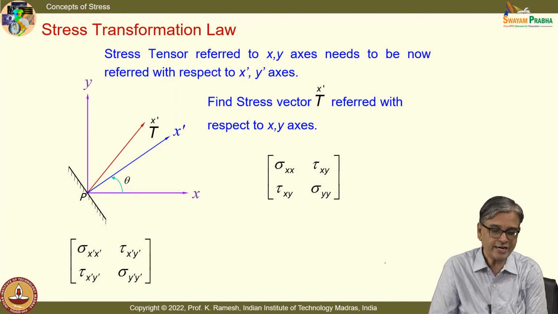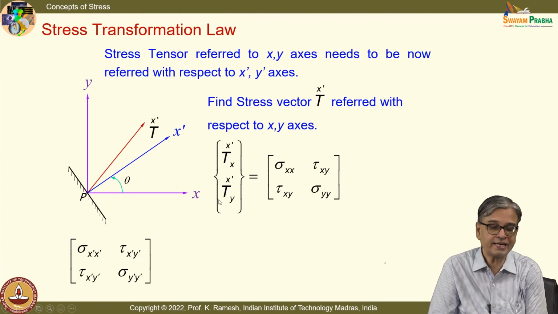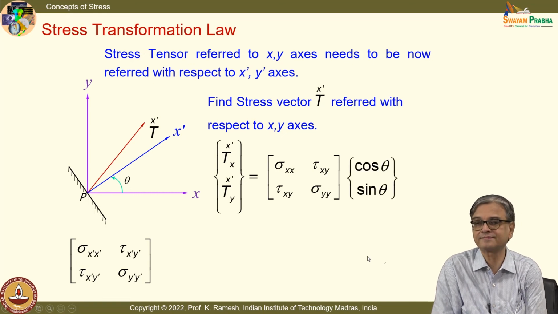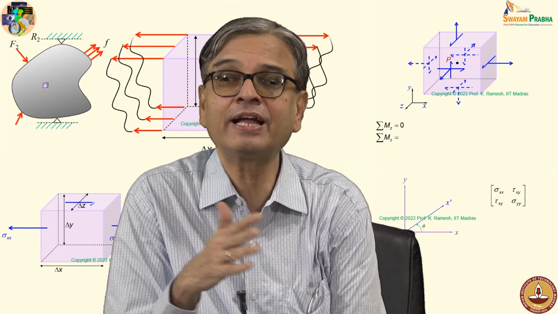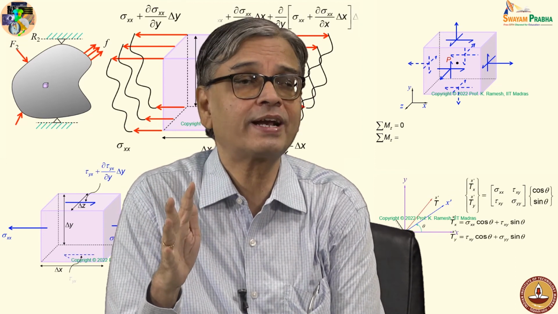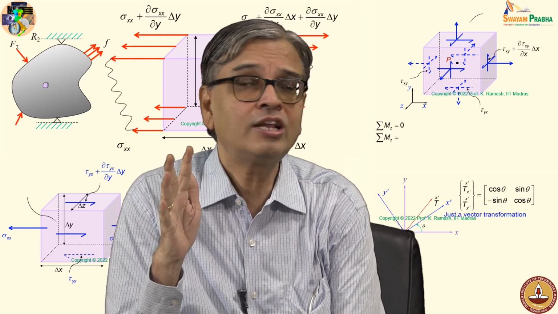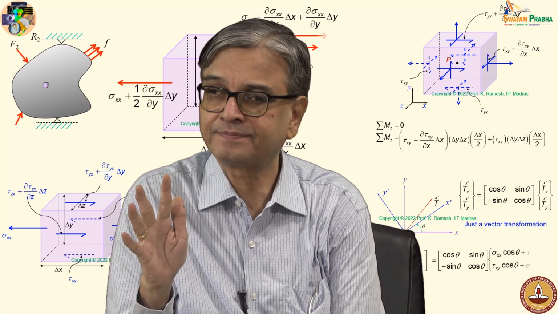So I can find out the stress vector components, that is T x prime x, the x component of it, and T x prime y, simply as the stress tensor multiplied by the direction cosines. The direction cosines for this axis are cos theta and sin theta. So I have determined the stress vector on the plane x prime.